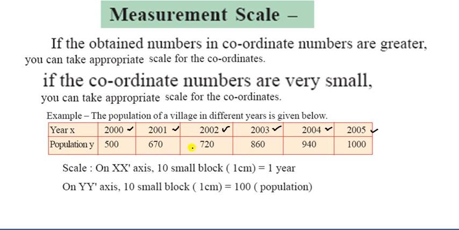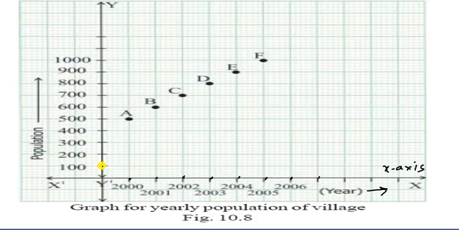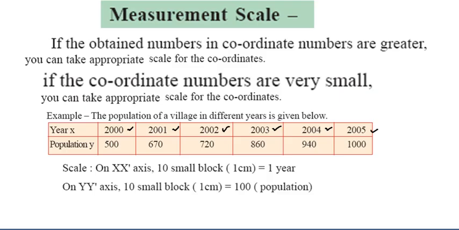And now what will be the population? The population is given as 500, 670, 720, 860, 940 and 1000. You can see on this graph here is 100, 200, 300, 400, 500, 600, 700, 800, 900 and 1000.